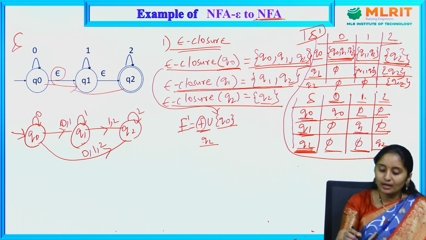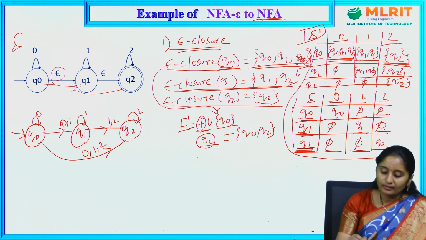Once again, in the epsilon closure of Q0, if I find Q2 as a final state, then the final states are Q0 comma Q2. If I don't find Q2 in the epsilon closure of Q0, then the final state will be as it is, Q2.